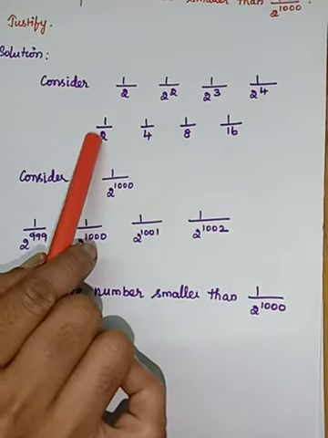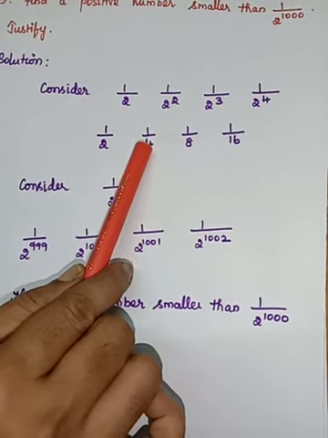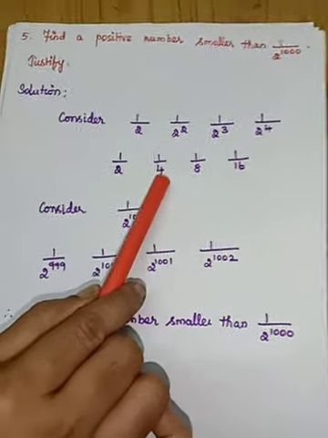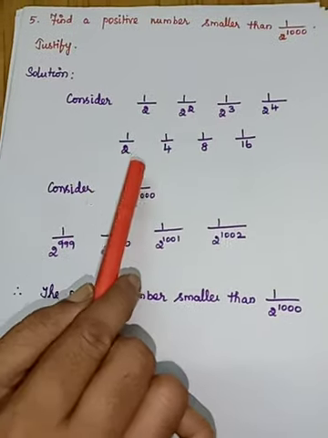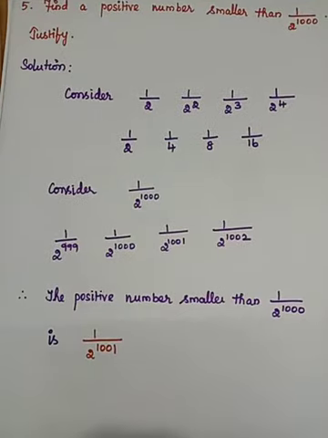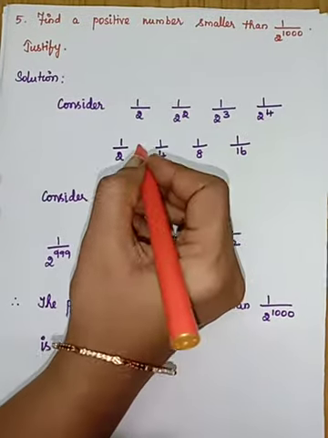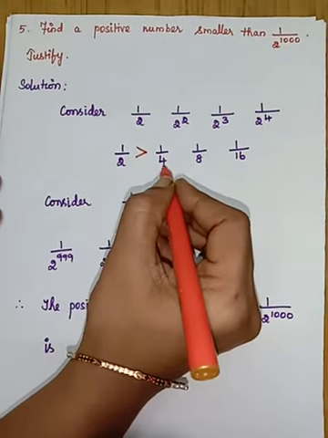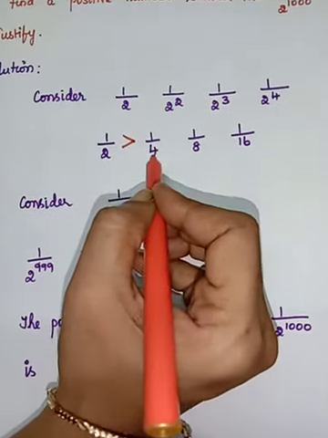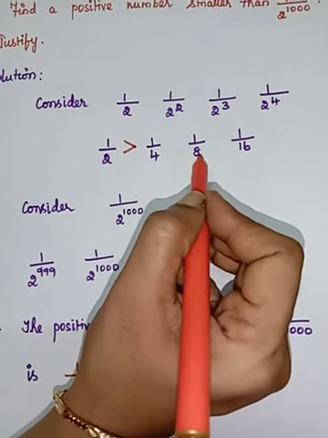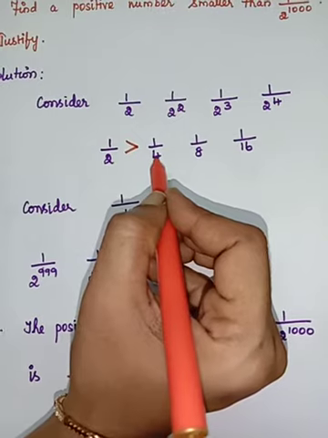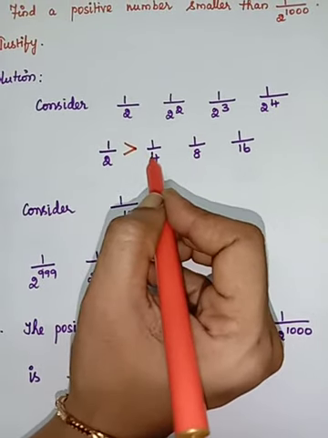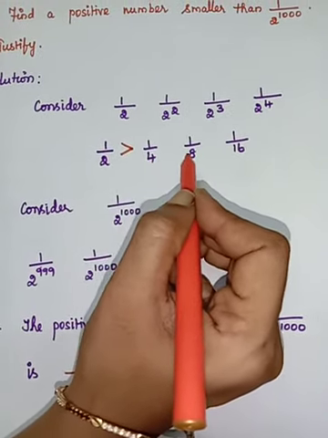So, when you compare 1 by 2 with 1 by 4, which is smaller? 1 by 4 is smaller than 1 by 2. So, we can write the symbol: 1 by 2 is greater than 1 by 4. When you compare 1 by 4 and 1 by 8, see the denominators: 4 is smaller and 8 is bigger.